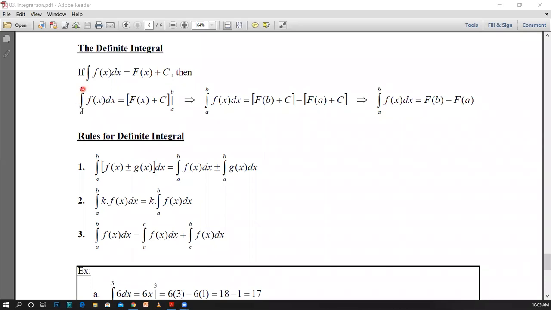When using the indefinite integral, we obtained the integral of f(x) dx as F(x) plus c, where c is an arbitrary constant. But in the definite integral, we do not need to apply this arbitrary constant.